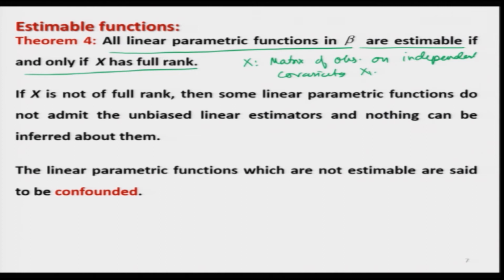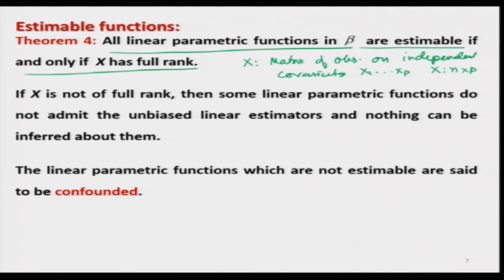You had the independent variables x1, x2, xp, and the order of X was n cross p, where you obtain an observation on each of these independent variables. So this condition is very simple: you simply assume that X has full rank, that is all.